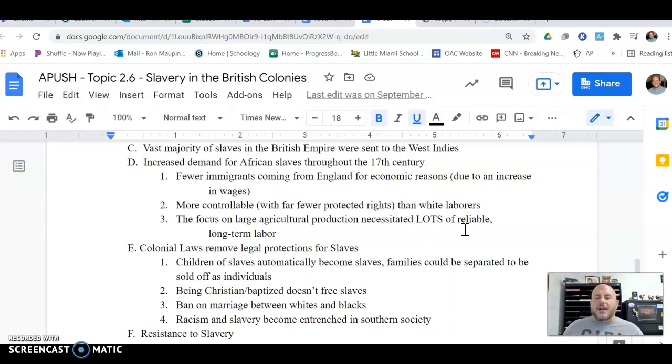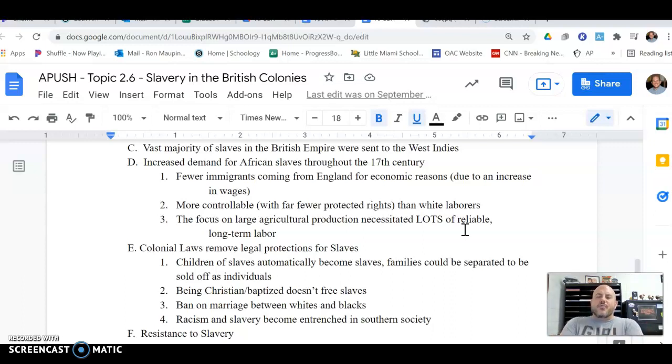Now, when we do talk about slaves losing or not enjoying rights, what we actually do see is a gradual removal of pre-existing rights that already were on the books. Once again, remember, prior to the influx of African slaves coming over and black slave labor, labor was associated with some degree of rights and protections.